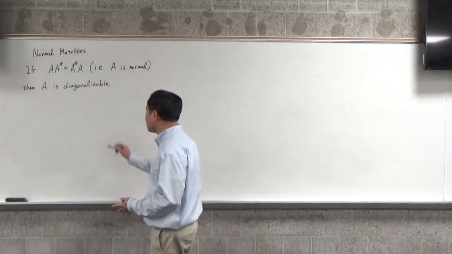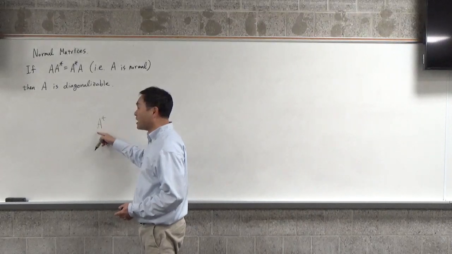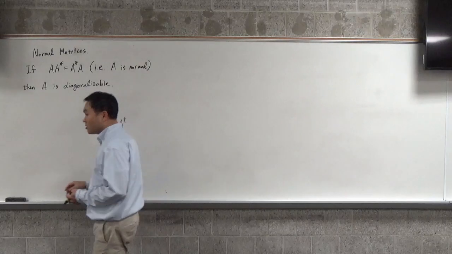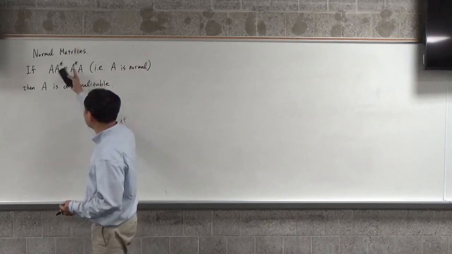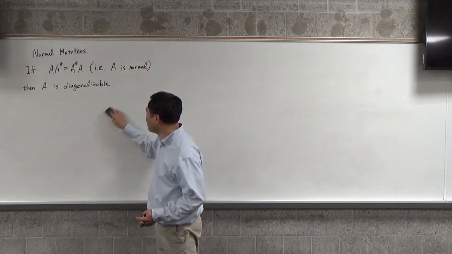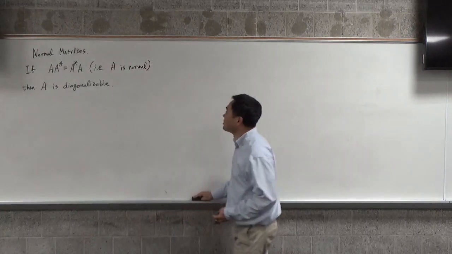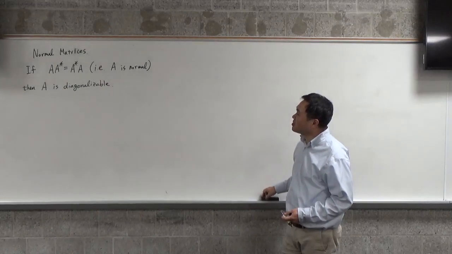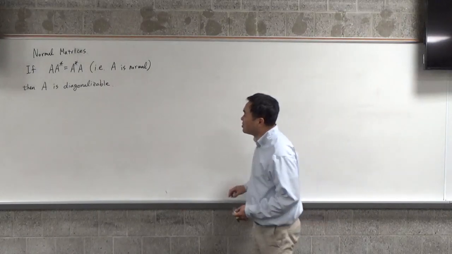Skew symmetric, which is a real matrix that's the negative of its transpose, is also normal. You can just see that it satisfies this easily. But I'm not so sure if there are some other cases.